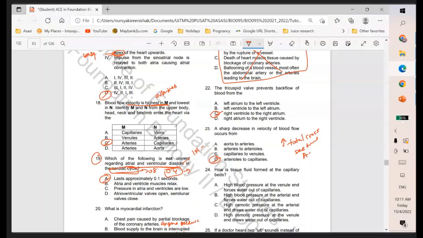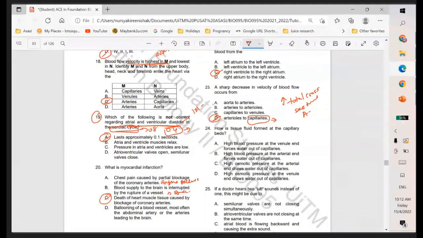So obviously the velocity will be reduced, especially when the blood reaches in the capillary. The blood has to flow with low velocity so that it makes sure that efficient exchange of material will occur. Kalau darah tu mengalir dengan laju, macam mana nak berlaku exchange of materials? Faham tak? Boleh Farid?